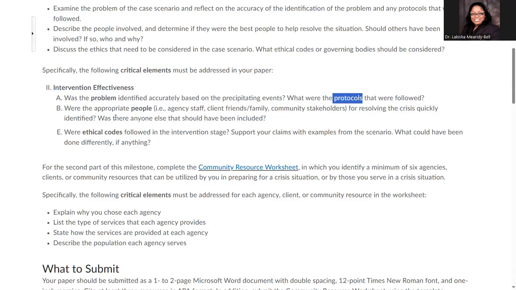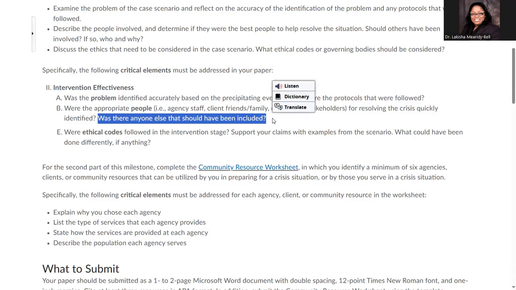Okay, in B, it also says, was there anyone else that should have been included? And that's actually right here that I'm reading. Just make sure that if you make a decision to determine if someone else should have been included, you validate that through either your scholarly research or your course text readings. You can never go wrong with your course text readings because they keep you on track.